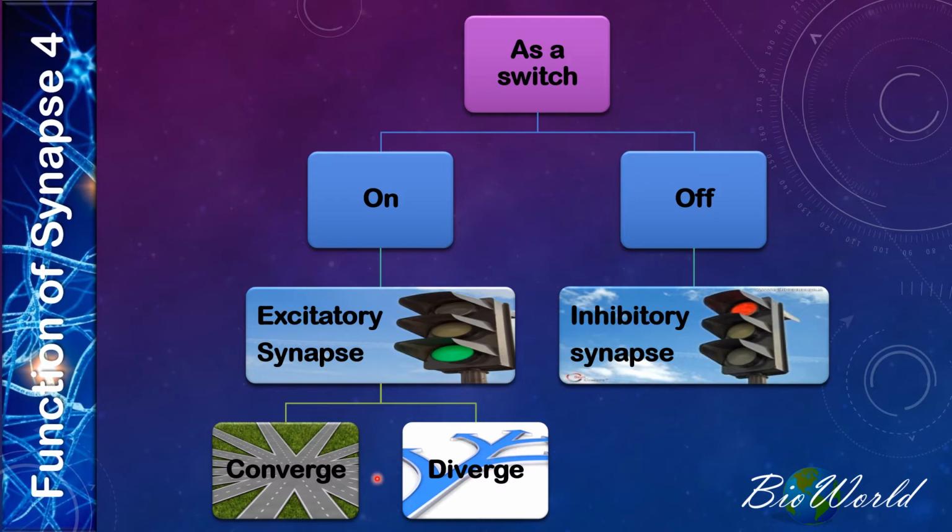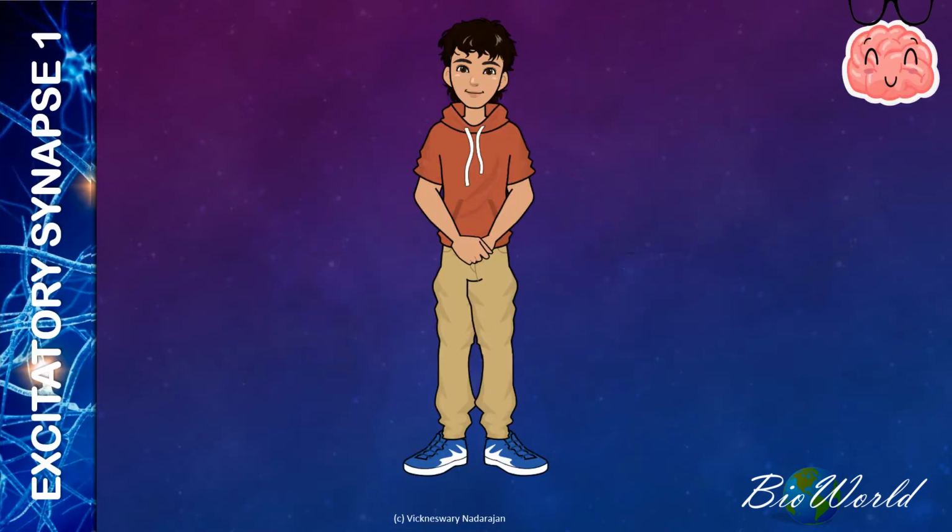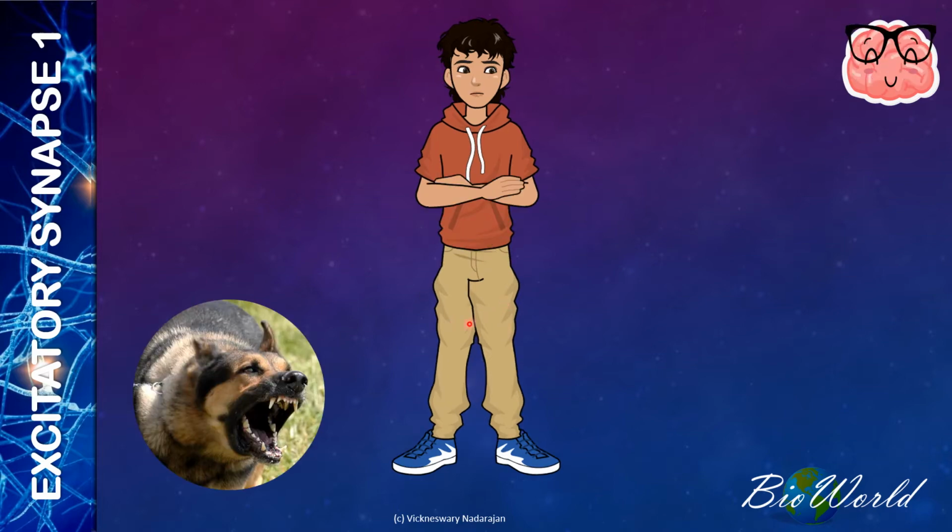Let me explain each one. I have two examples of how the excitatory synapse does convergent pathways. For my first example, let's say the boy who was standing quietly just now faces a dog that is barking.